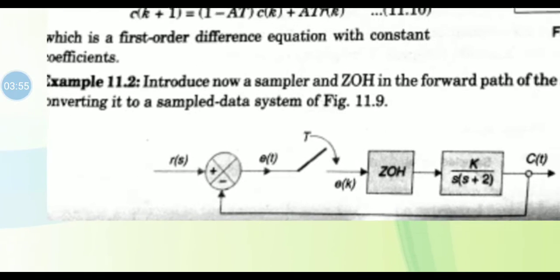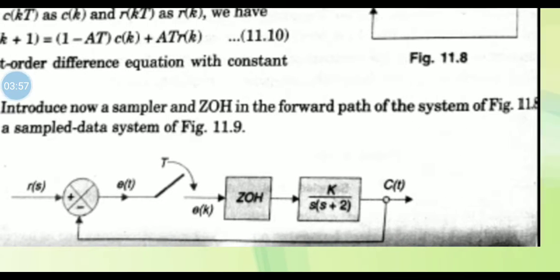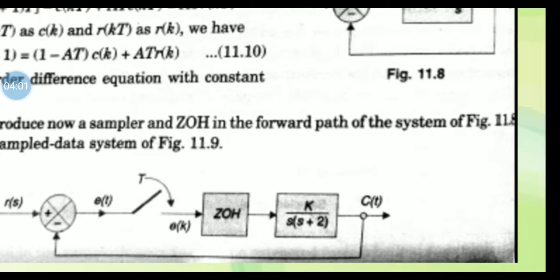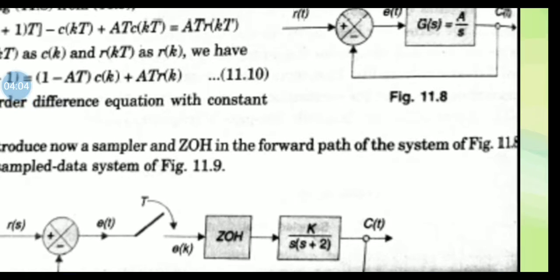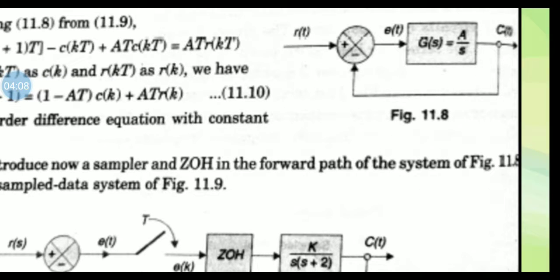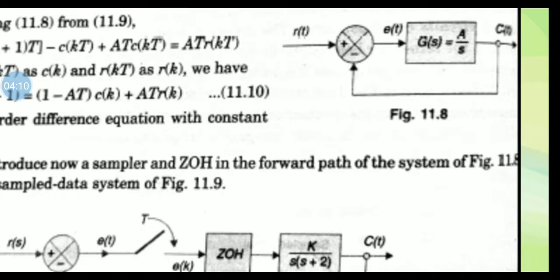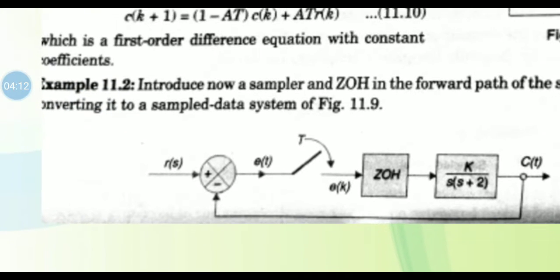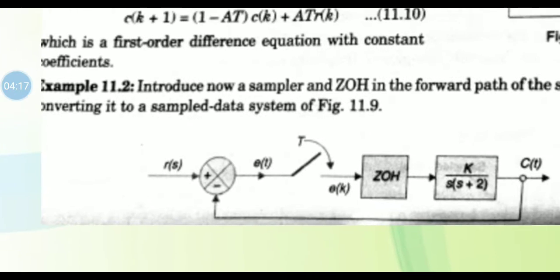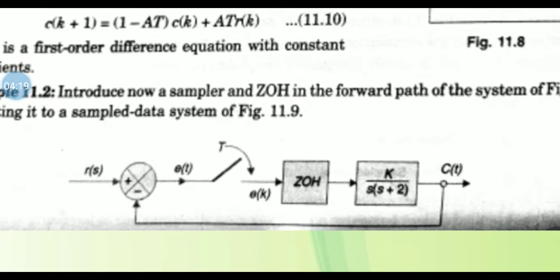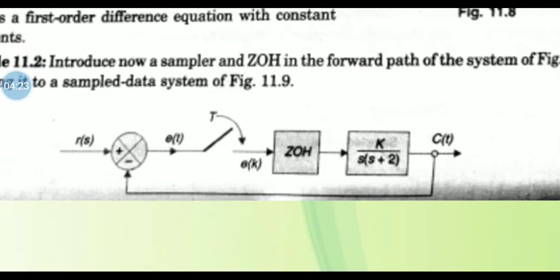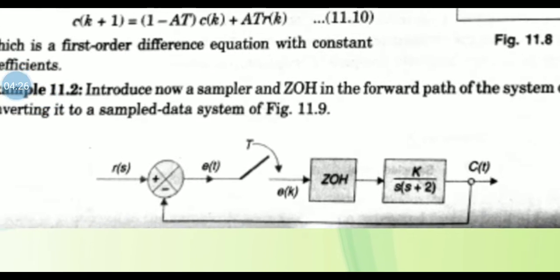Next example. Introduce now a sampler and ZOH in the forward path of the system of the above figure 11.8, converting it to a sampled data system of figure 11.9. So in this, the ZOH is introduced in the forward path of this system and it is sampled.